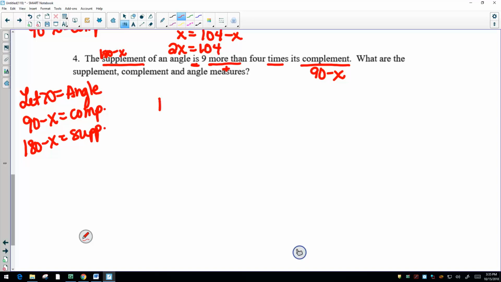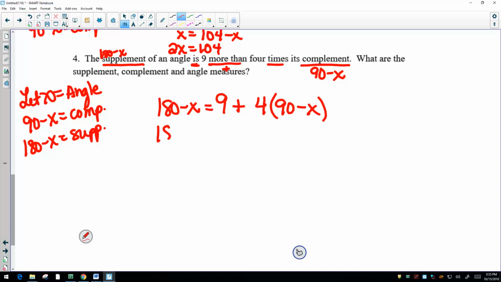Okay, so the supplement of an angle is 9 more than 4 times its complement. So now there's our equation, and now we just have to solve it.